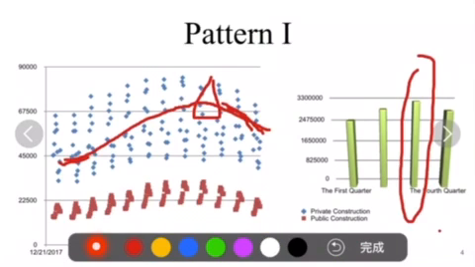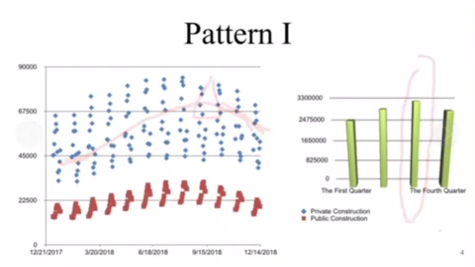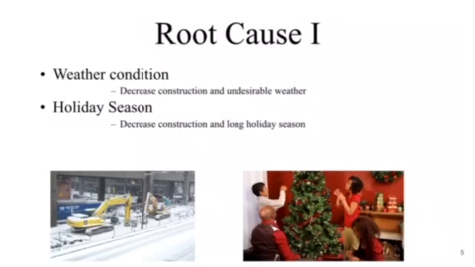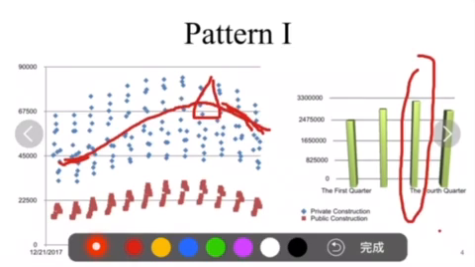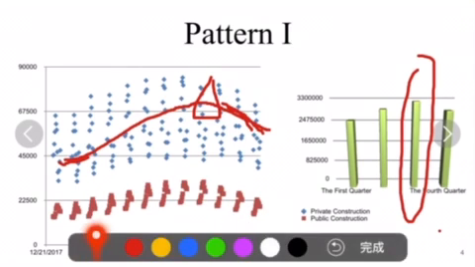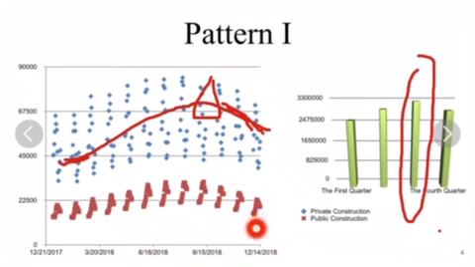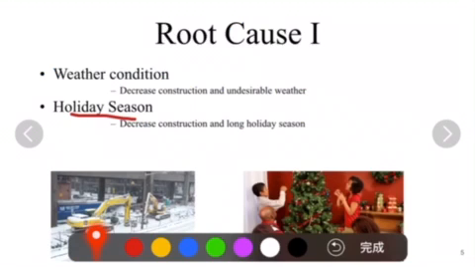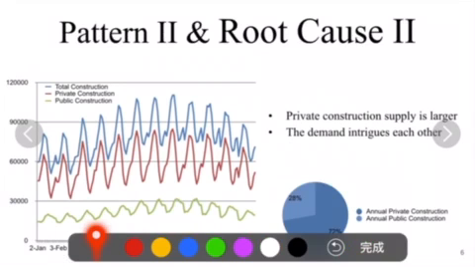You can see that in December it really just dropped down. That could be because of the Christmas season, which makes people not have that much incentive to go to work. So that's the first pattern I saw.